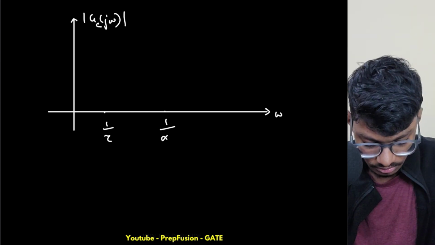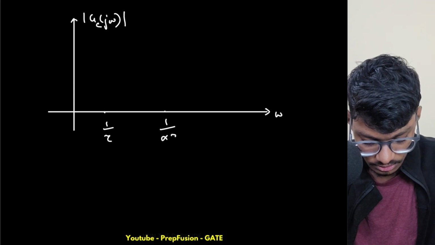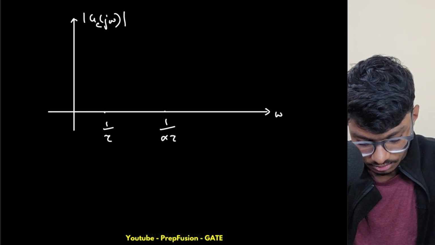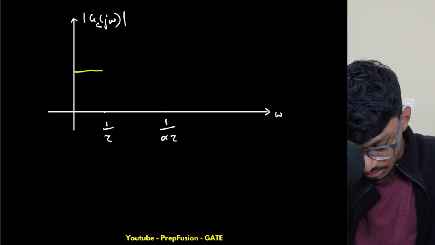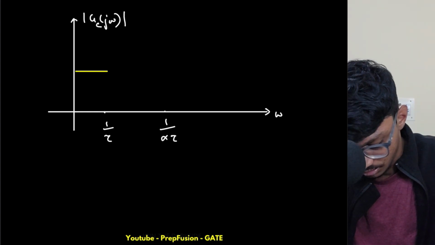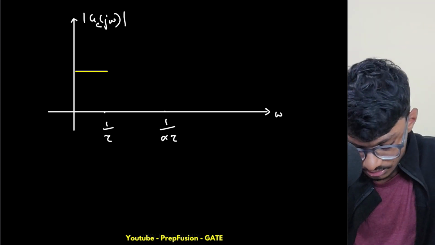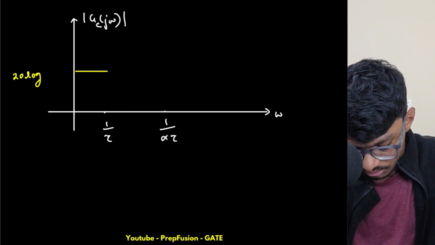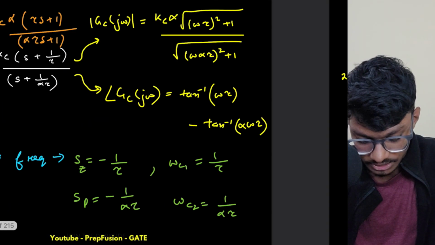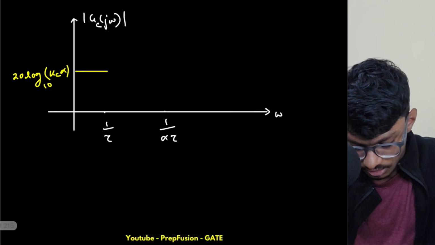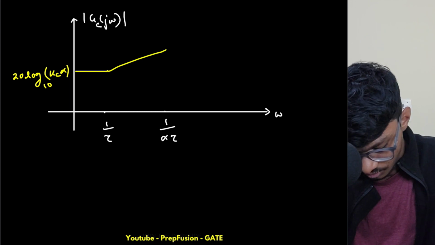The pole comes at a later stage; first we are getting a zero. Initially I have a DC gain of 20 log Kc alpha. Then I got a zero at the first corner frequency 1 by tau, so it will go on like this.